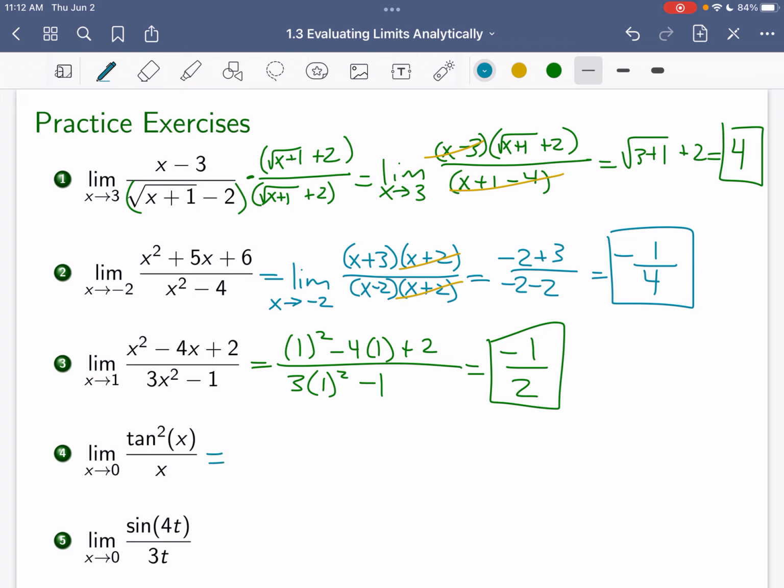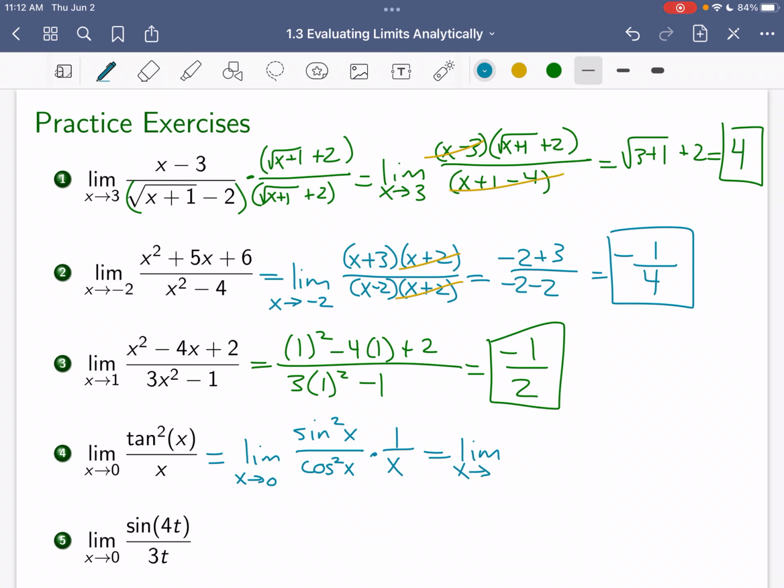Here we have the limit as x approaches 0 of tangent squared x over x. If we try direct substitution, we'll get 0 over 0, so we need to do some work on the front end. So let's rewrite tangent as sines and cosines. It's being divided by x, so we can rewrite that as times 1 over x.